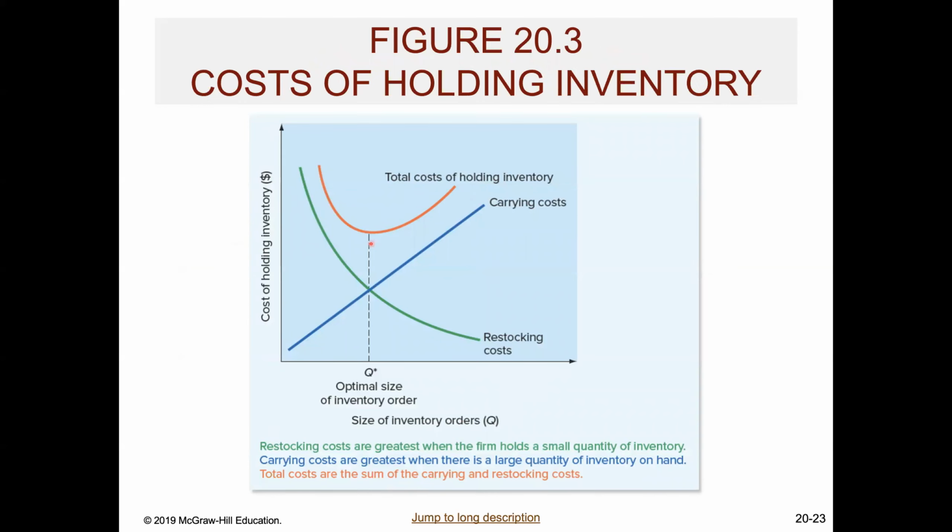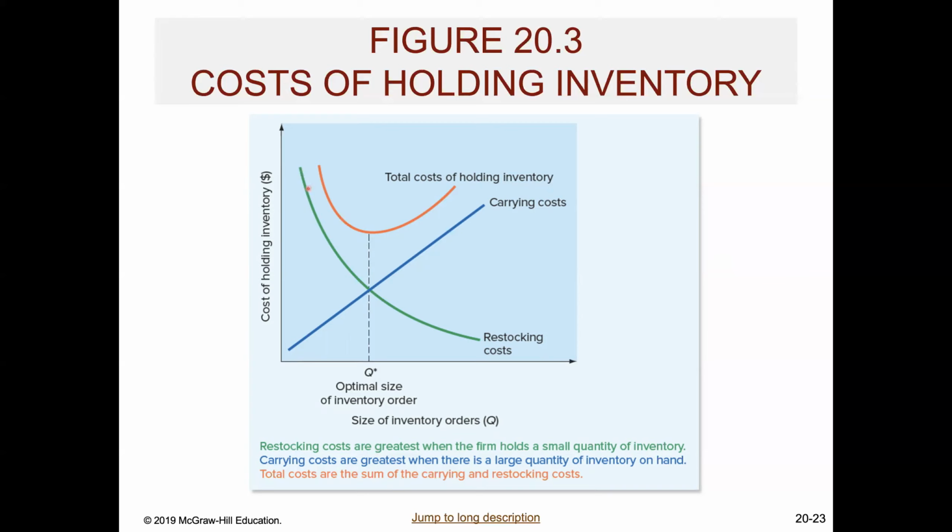So this graph looks very similar to the one with the credit policy. We've got our carrying costs. They're greatest when there is a large quantity of inventory on hand. So the bigger the Q, the quantity of inventory on hand, the higher the cost of holding that inventory. The restocking costs, on the other hand, are greatest when the firm holds a small amount of inventory over here.